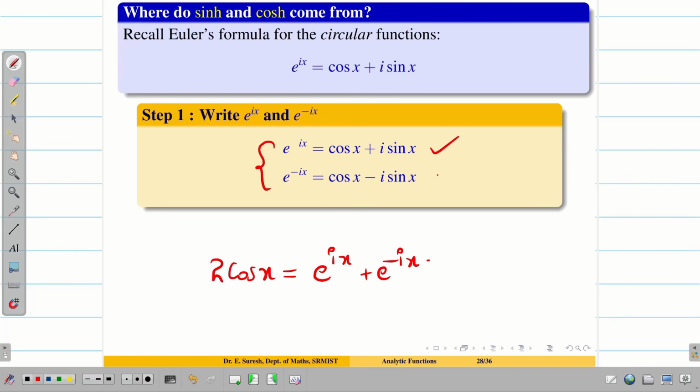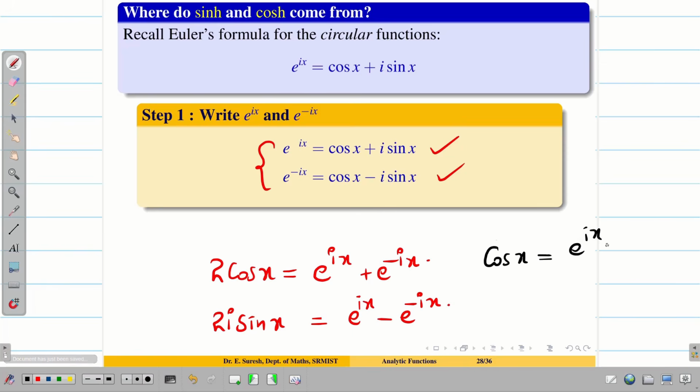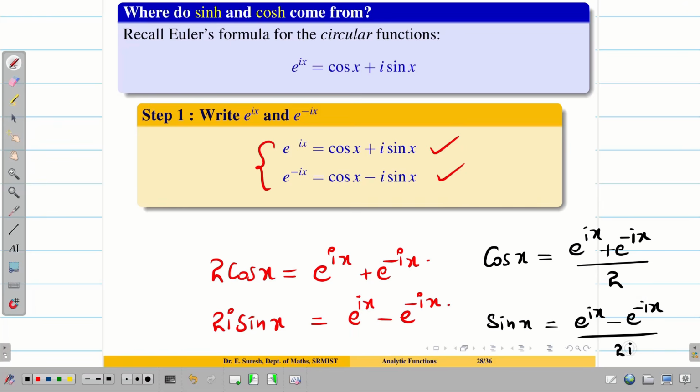Similarly, when we subtract these two equations, we get 2i sin x is equal to e power ix minus e power minus ix. From this we get cos x is e power ix plus e power minus ix by 2. Similarly, sin x is e power ix minus e power minus ix by 2i.